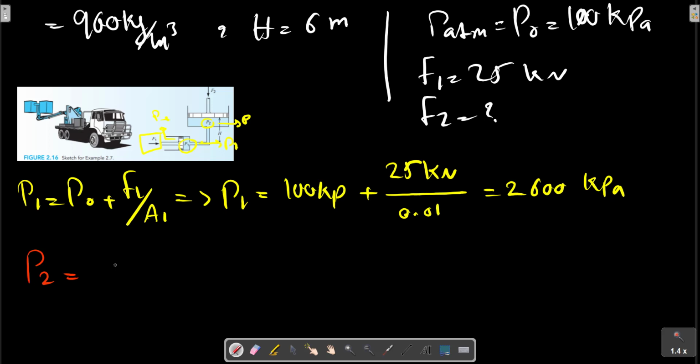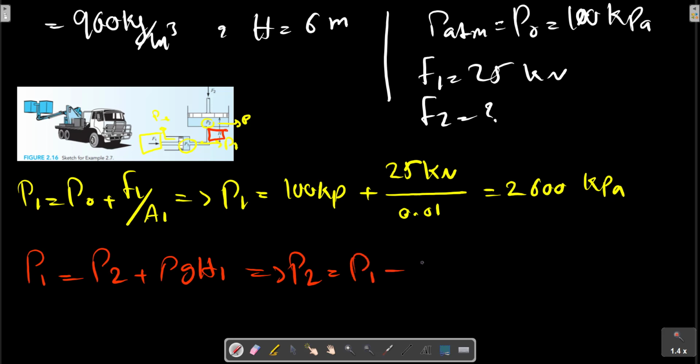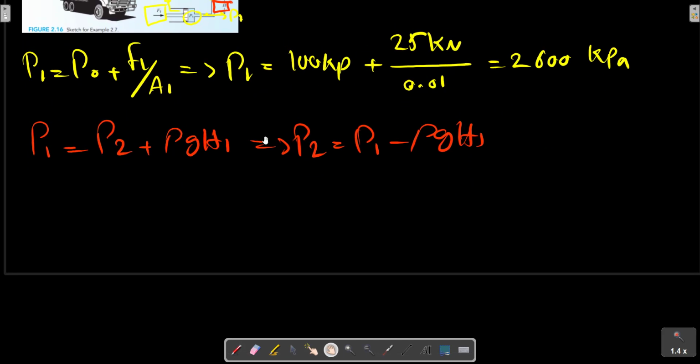Let me write P1: the pressure at P1 equals P2 plus the pressure due to the column of the liquid, rho g h1. So P2 equals P1 minus rho g h1. Now we can calculate P2.